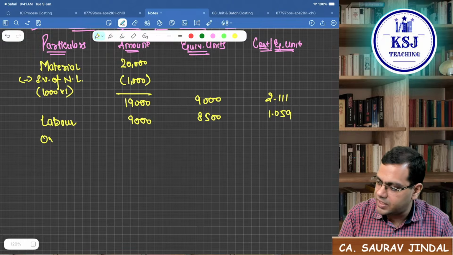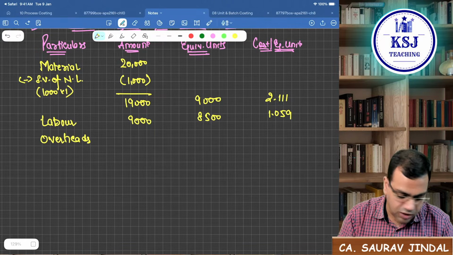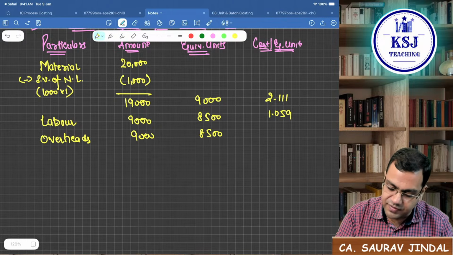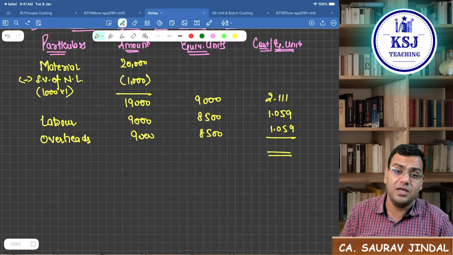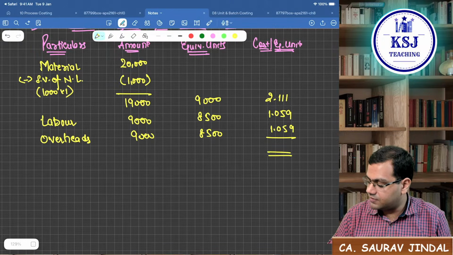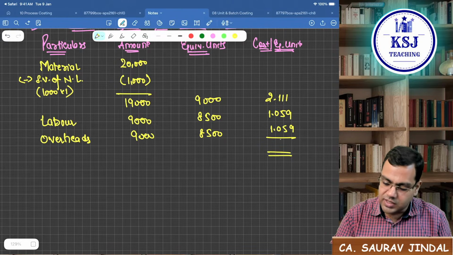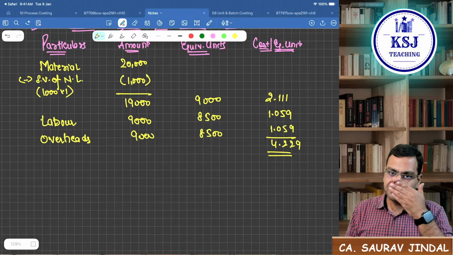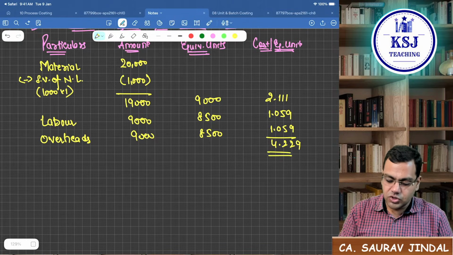Similarly, the overhead cost will be there, 9,000 of cost on 8,500 equivalent units, that is 1.059. This will tell you the total cost incurred per unit, 2.111 plus 1.059 plus 1.059, so that comes to 4.229.